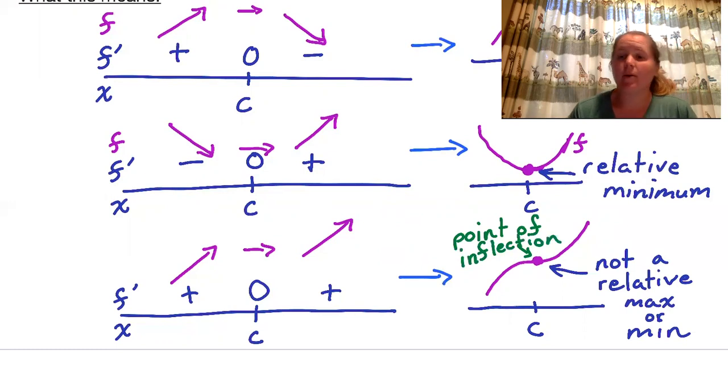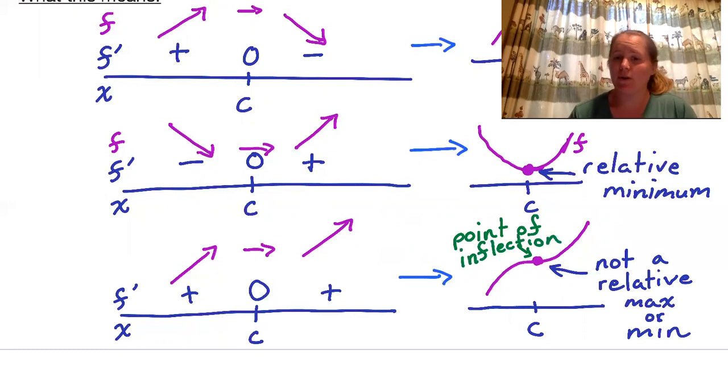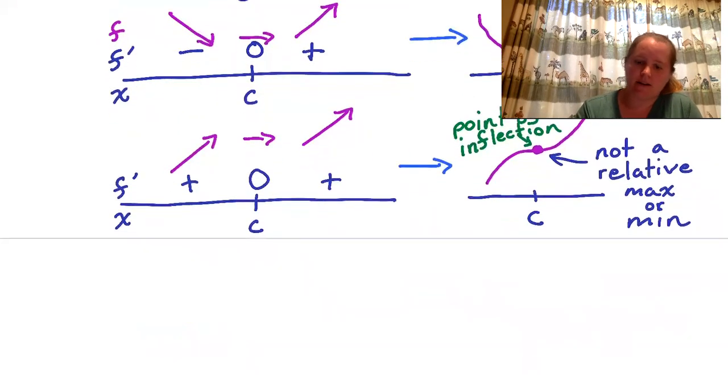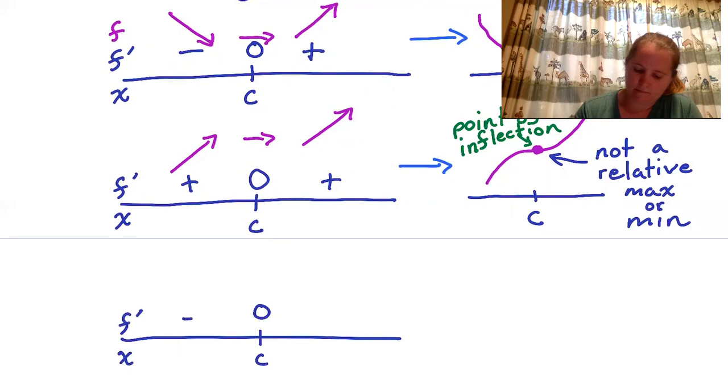Which we will talk about much more in section 3.4. Similarly, if we have negative and negative, the graph starts off going down, levels off, and then continues to go down again.